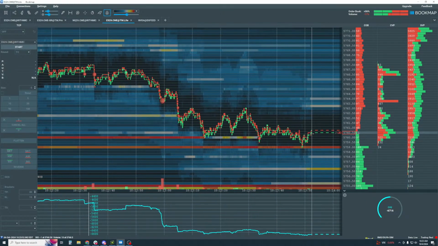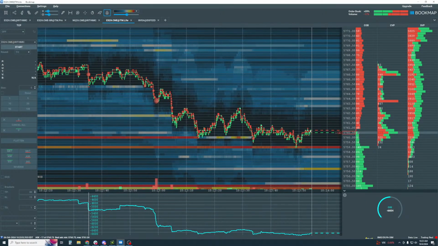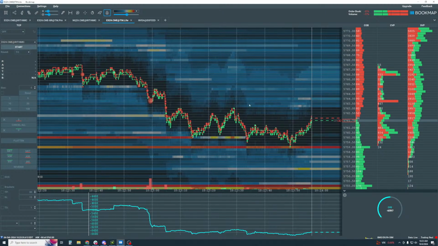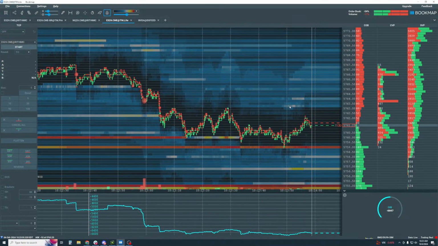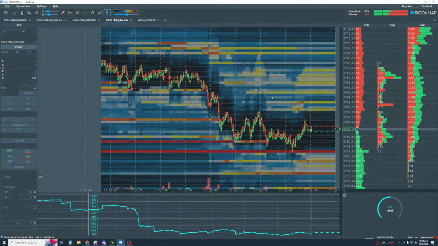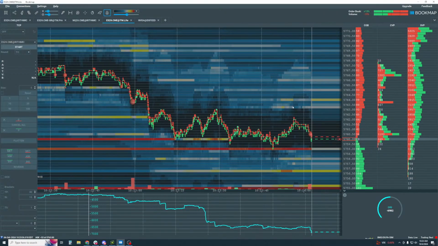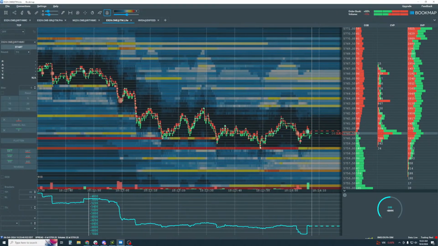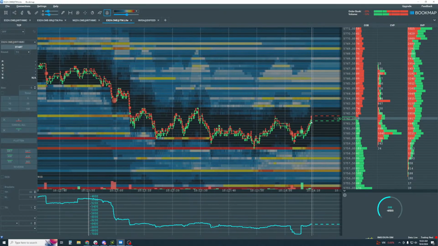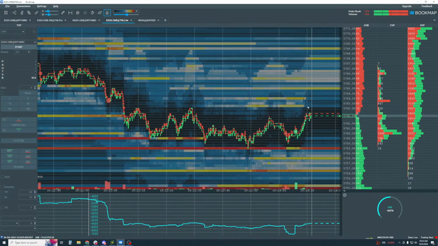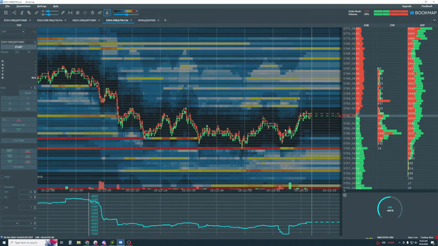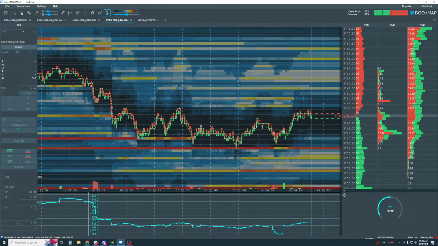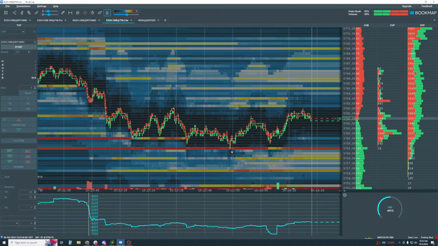So actually now I'm looking for some buyers over here at this level, and let's see if they can pull it up to this 63 level or maybe even 65, just because that's where the liquidity is, and we didn't see sellers here. So we're looking for demand now, and we're looking for buyers here, and this is how you can start to look for a potential reversal to unfold.